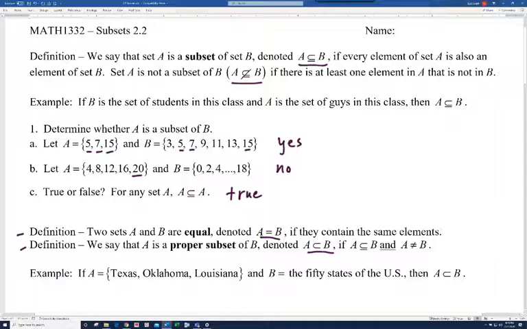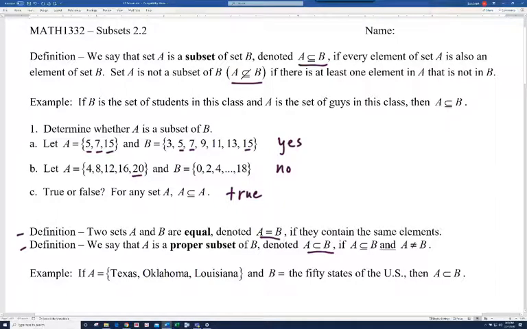So in other words, the only difference between a subset and a proper subset is you can't be a proper subset if you're equal. So we just talked about how A is a subset of itself for any set, but it's not a proper subset because it's equal.